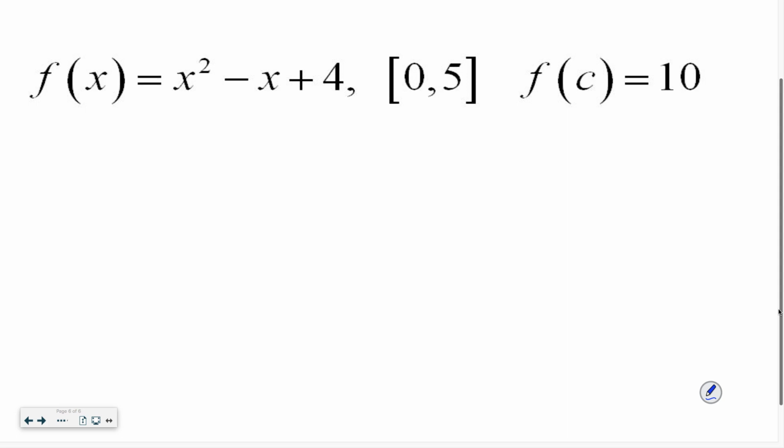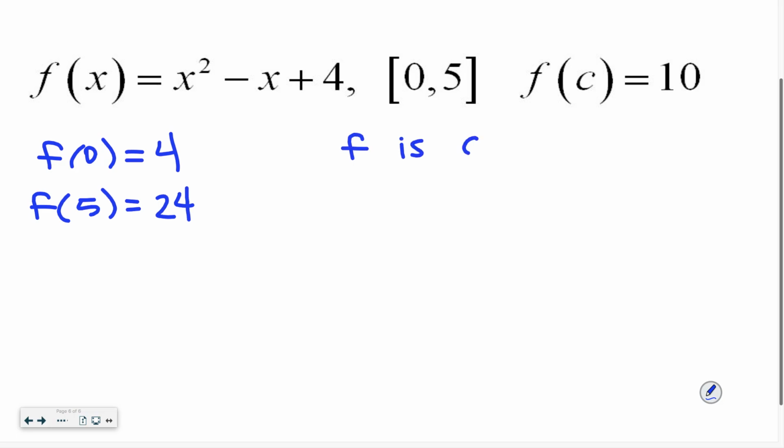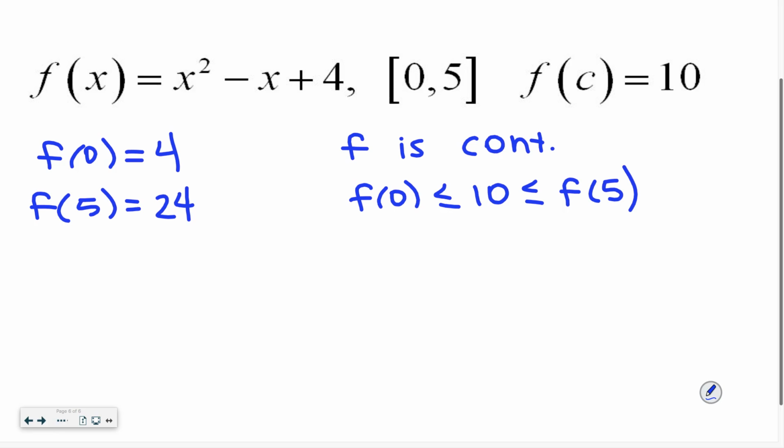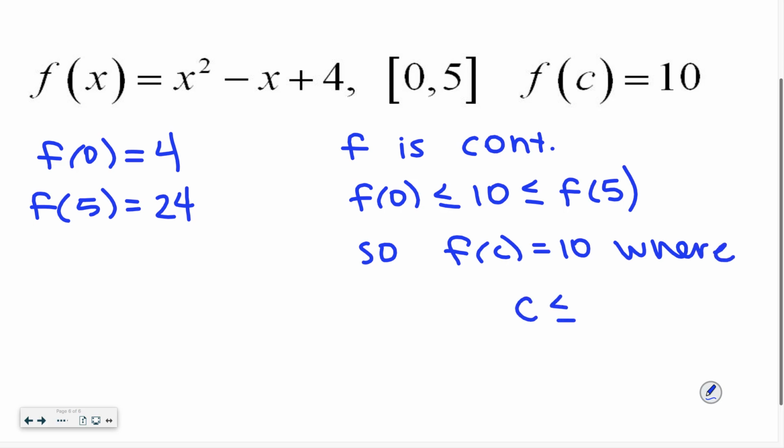Okay. So first of all, what is f of 0? 4. What's f of 5? 24. Okay. So f is continuous because we have a parabola, right? And we know that 10 is in between f of 0 and f of 5. So somewhere along here, f of c is going to equal 10, where c is between 0 and 5, right?